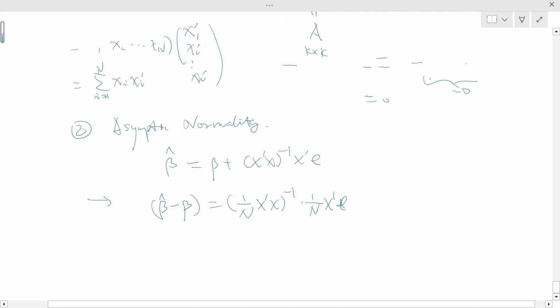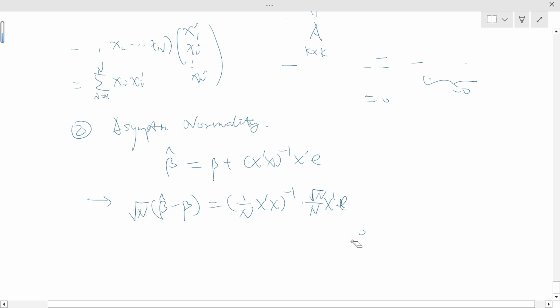A moment ago, we said that this converges in probability to 0, so actually the whole term converges in probability to 0. In other words, the variance of these random variables converges to 0. It kind of collapses, degenerates. So let's scale it differently: let's multiply these terms by root n.